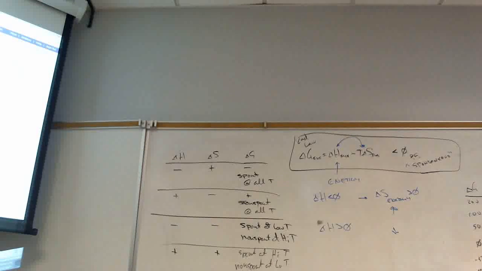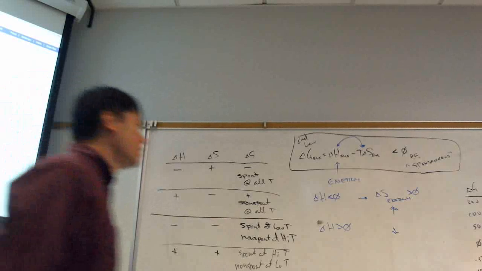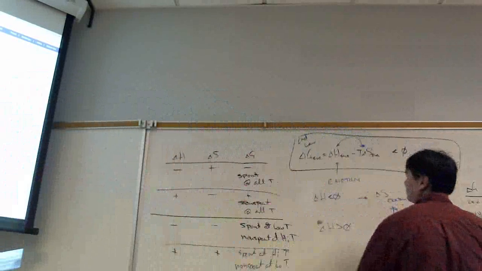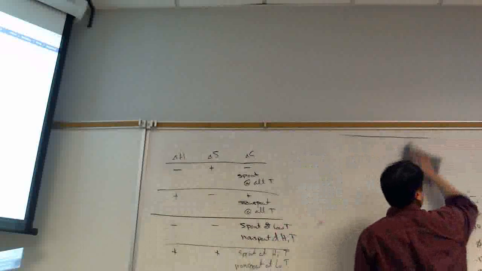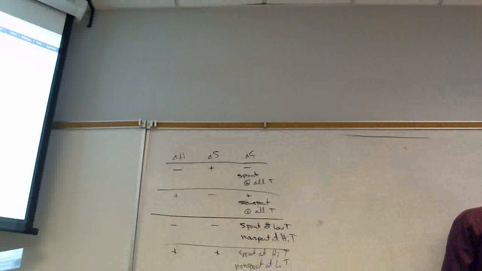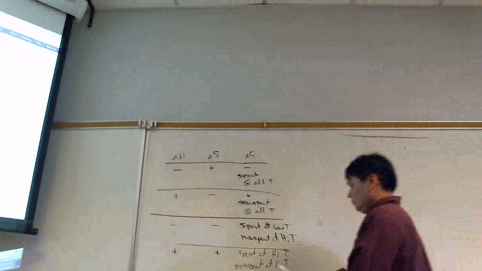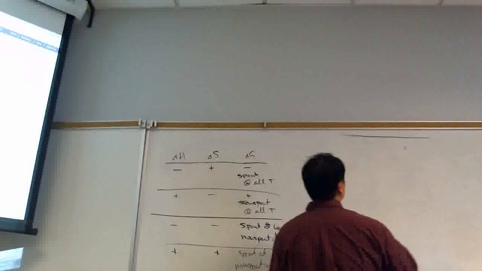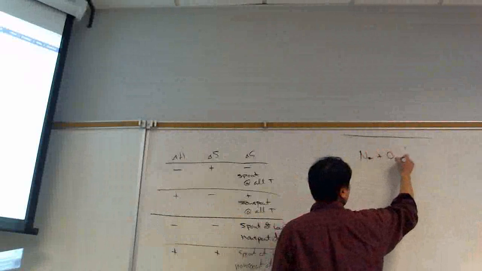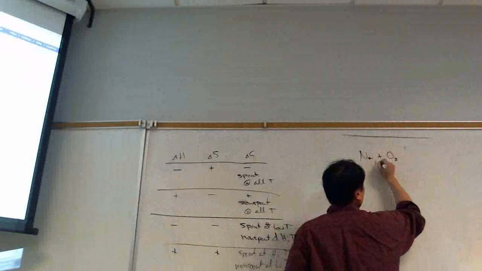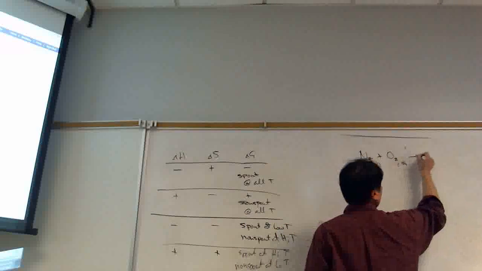Let's take a look at this reaction again and do some calculations, because earlier we were asking what the criteria was for this. And we still aren't finishing this, because you still need one more thing in order to complete it.